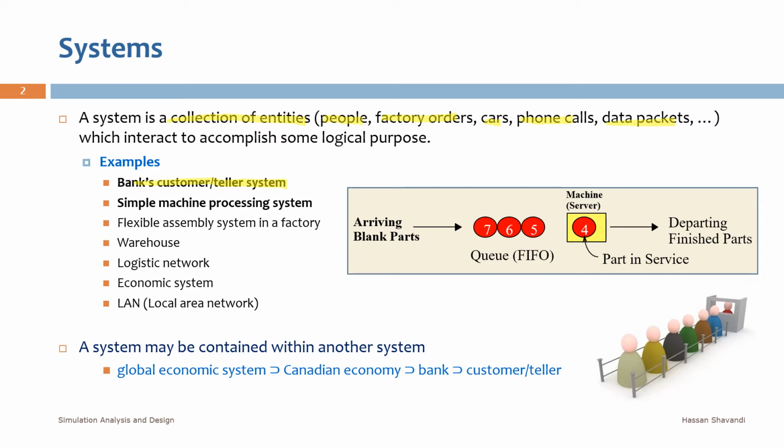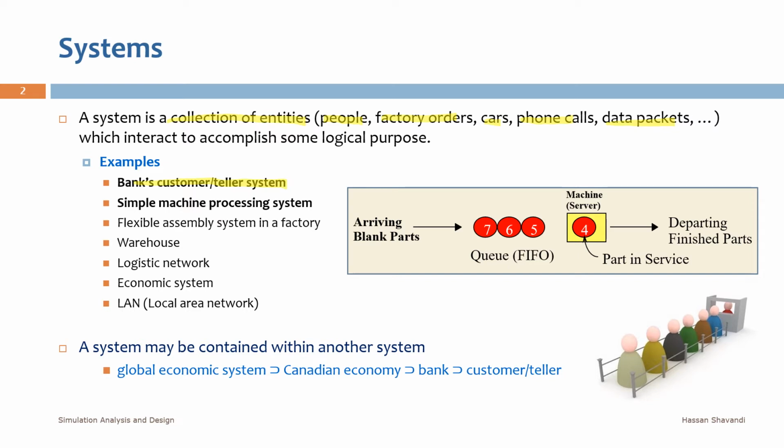After waiting in line, they present their request to the teller, and the teller will process it, and at the end customers leave the bank. So this is a system, and if we are going to simulate this system, we need to consider the entities in the system.